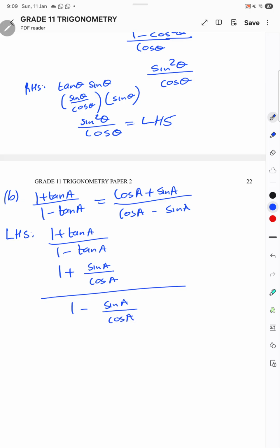It's like the top divided by the bottom. So we work the top, the LCD, it's cos A. So I must have cos A over cos A here. Also here, I must have cos A over cos A.